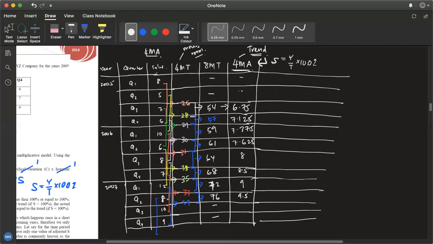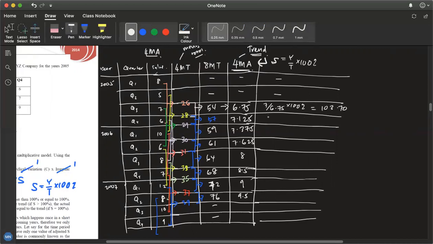So for the first value, quarter number 1, 2005, there are no value. So for seasonal variation, also no value, right? So to calculate S, Y divided by T means 7 divided by 6.75 multiplied with 100%. So this one should be equal to 103.70.